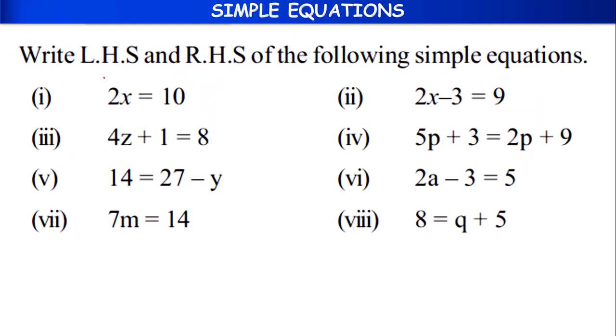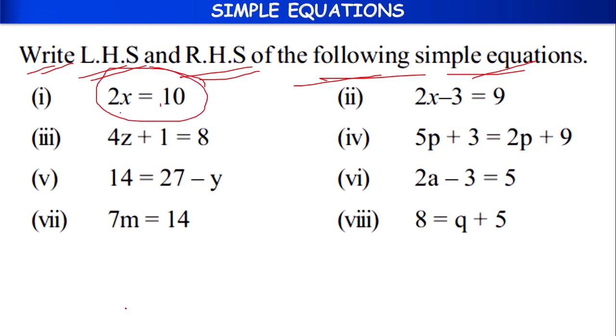Let's try to solve this question, children. Write LHS and RHS of the following simple equations. In the first question, 2x equal to 10. What is LHS? LHS equal to 2x and RHS equal to 10. Okay.